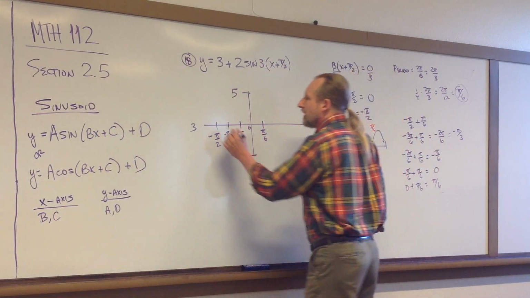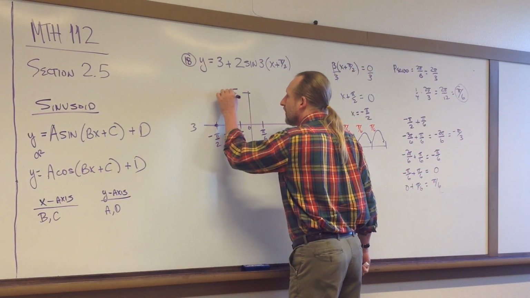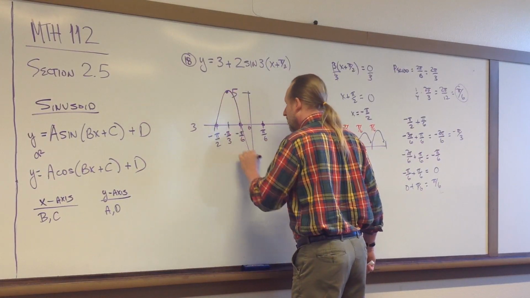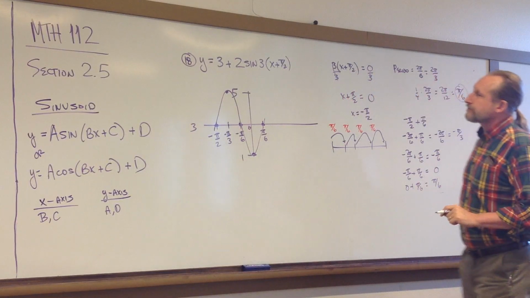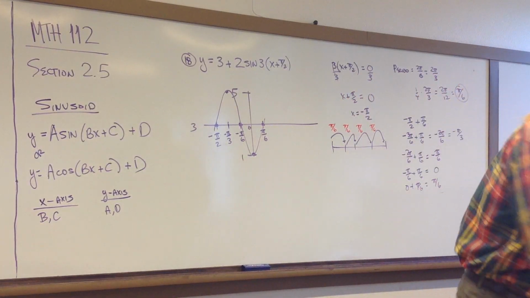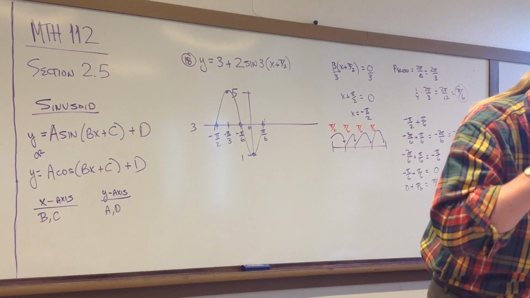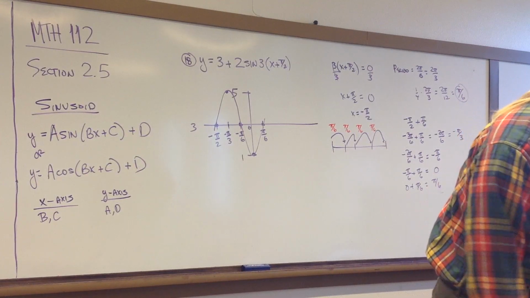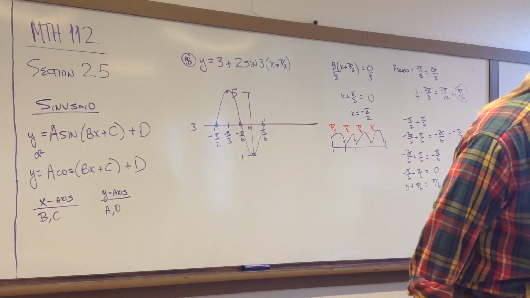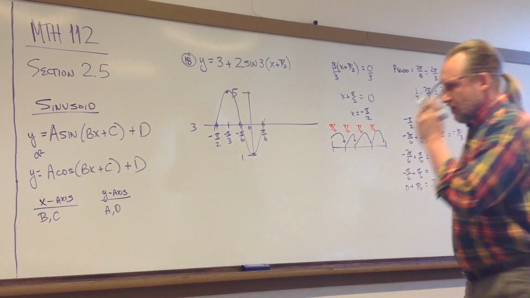It's a positive sine graph. We start at 0, maximum, 0, minimum, and back to 0. All right, let's see. I'm going to do one more from this last section here. This one also has all of the changes in it.